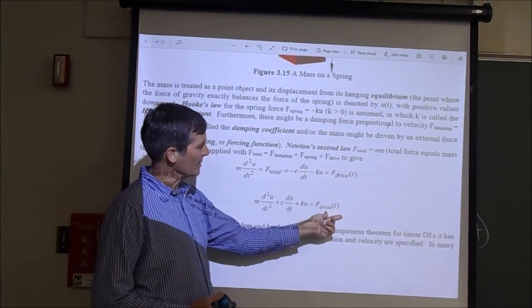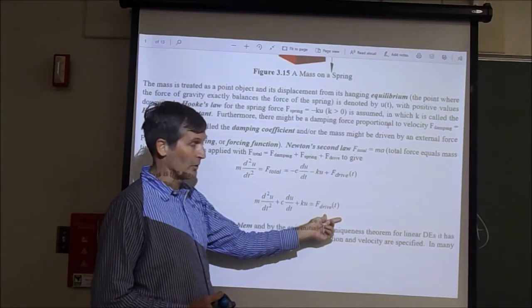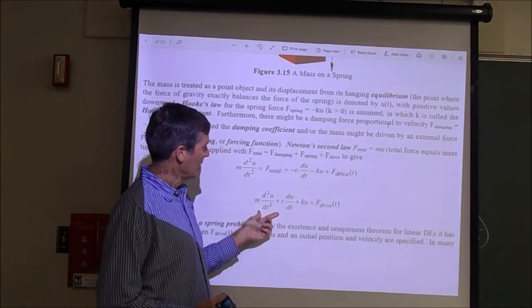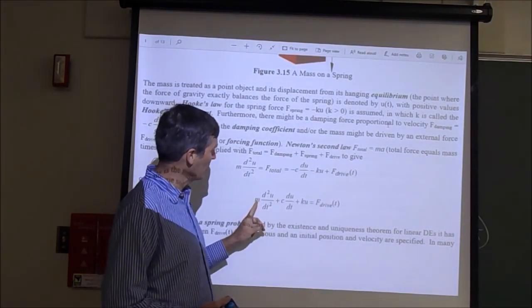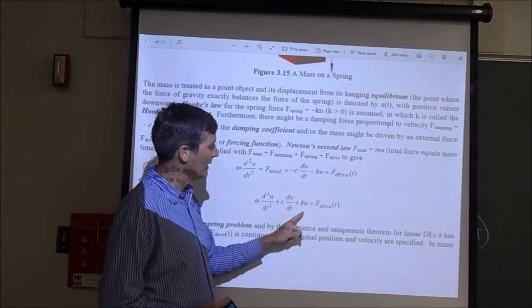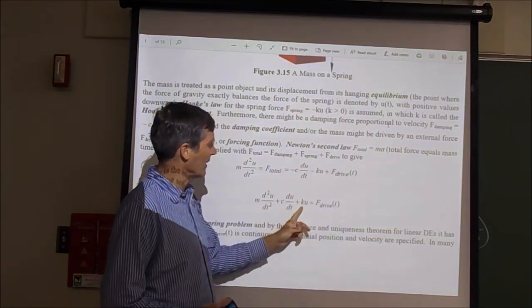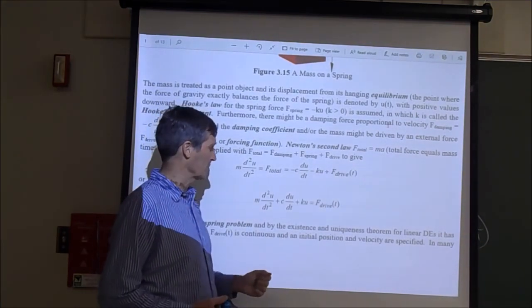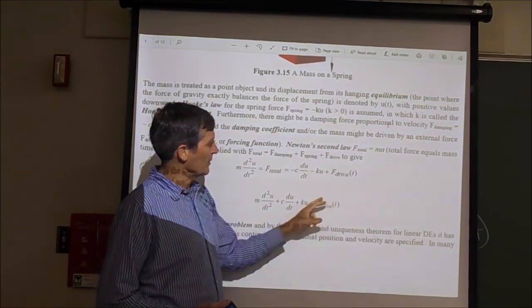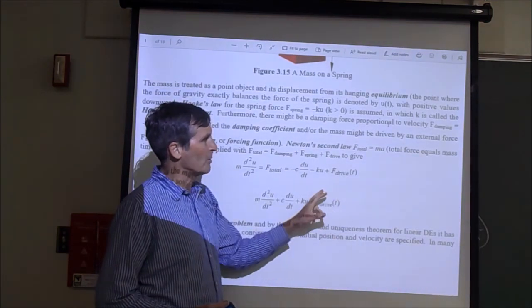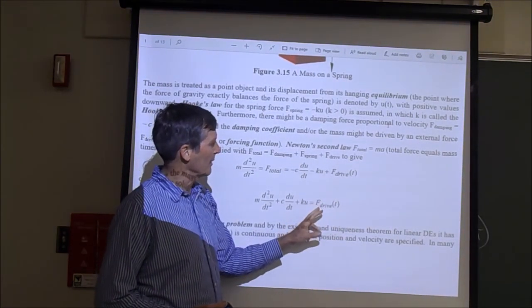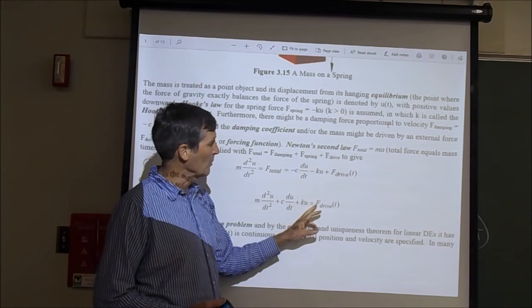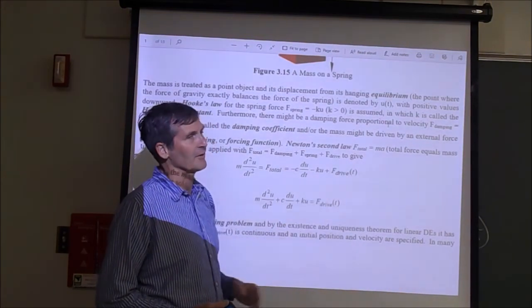You recognize immediately this is a second order linear differential equation with constant coefficients m, c, and k. In fact, these are all positive constants by the physics of the situation, which makes it a little more restrictive. It's equal to some force of t only. This makes it a non-homogeneous problem if a driving force is attached, or a homogeneous problem if there is no driving function.